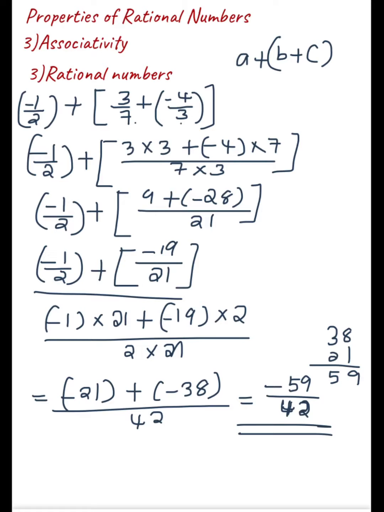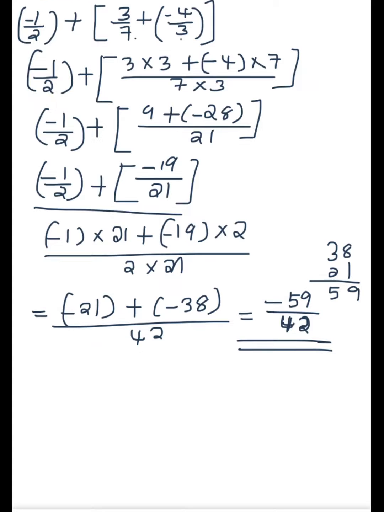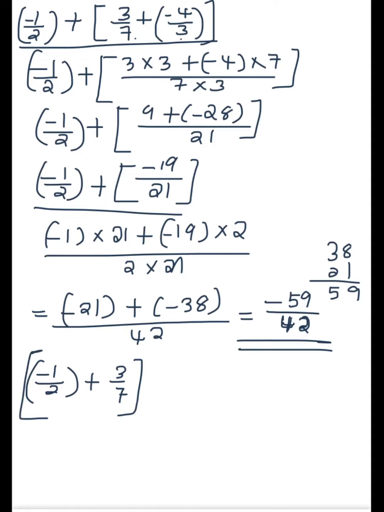Now let's check the other one, that is a plus b plus c. This was our question. So a plus b plus c means minus 1 by 2 plus 3 by 7 plus minus 4 by 3.